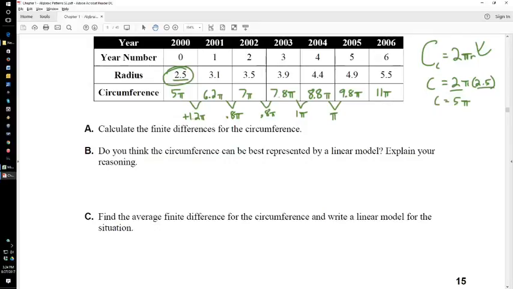And 11 minus 9.8 is 1.2, so 1.2 pi. So those are the finite differences.